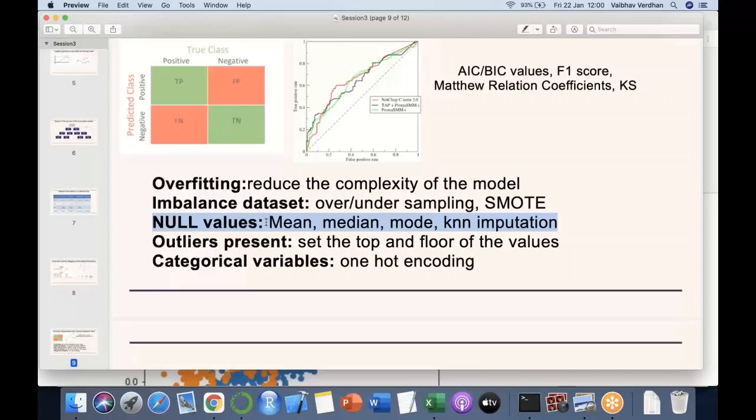Now over here, one simple way is to simply drop those observations, but that is not a correct solution, because you are losing dataset, you are losing critical information. Okay, second solution can be that you impute those missing values with the mean.